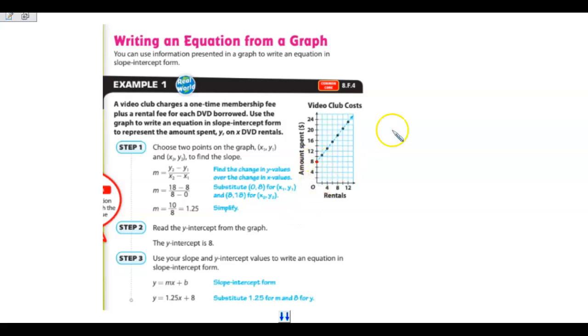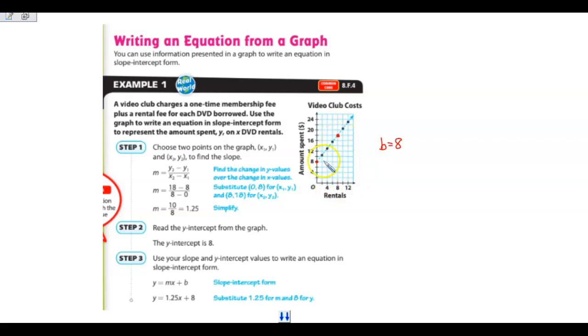That's my y-intercept, so my b is going to be 8. Then I need to find my slope. And so what I want to do is find another point that crosses right at the grid marks, and that looks like this one right here. This one's close, but it looks like it's a little below. But this one looks like it's right on that mark.